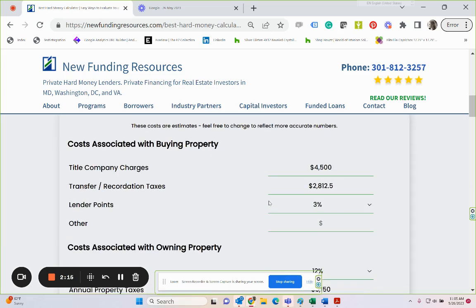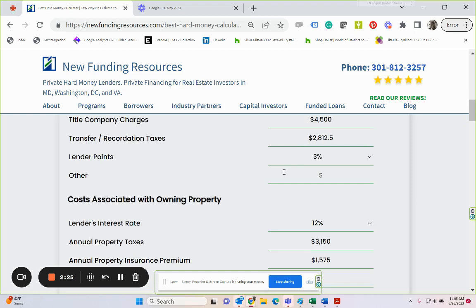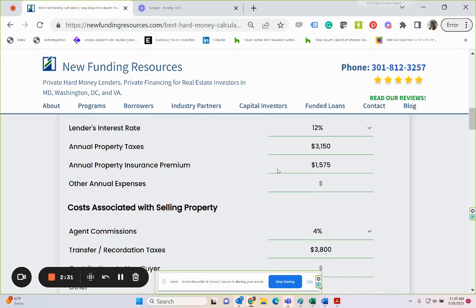And there's three categories of costs that you will have as a real estate investor. It's costs associated with buying your property, costs associated with owning your property, sometimes referred to as carrying costs. And then finally, costs associated with selling your property.